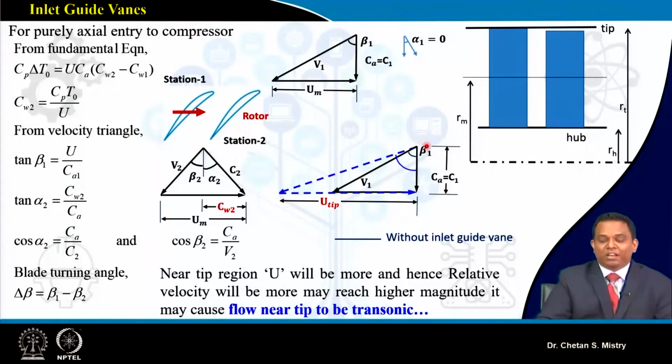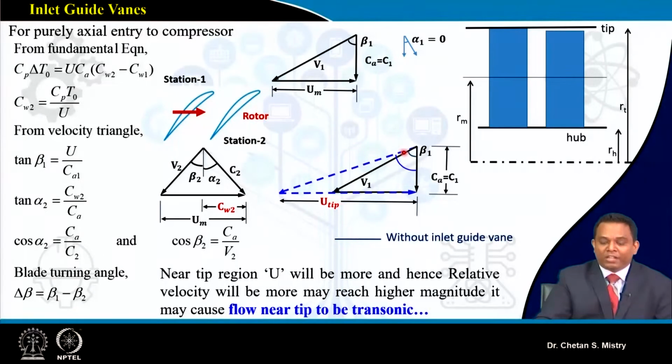If I consider my axial velocity to be constant, then we will realize this angle beta is going to increase. Not only an increase in beta, we will be having an increase in our relative velocity. Now this relative velocity is what will be giving our flow to be transonic in that particular region.